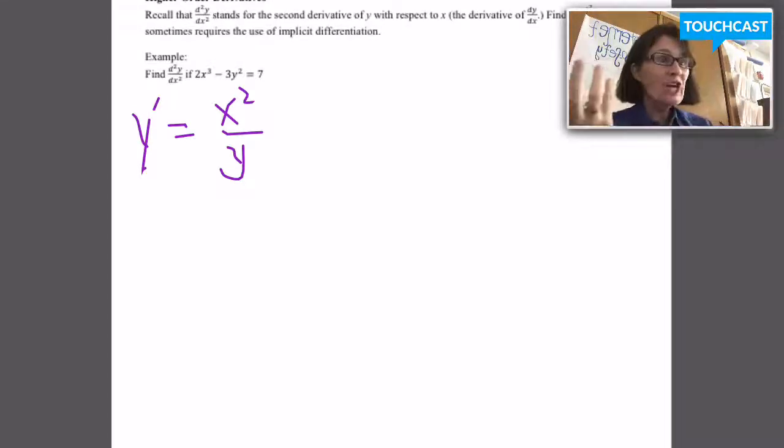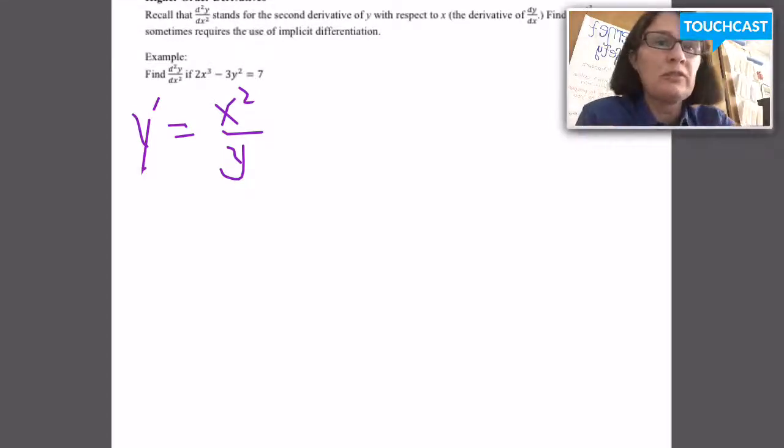The big picture: I'm trying to find the second derivative. I'm trying to find y double prime, or d squared y dx squared. So how do I go from here? To find the derivative of y prime, which is what I need to do, I need to take the derivative of the derivative. So I need to take the derivative of x squared over y. Notice that x squared over y is a quotient.